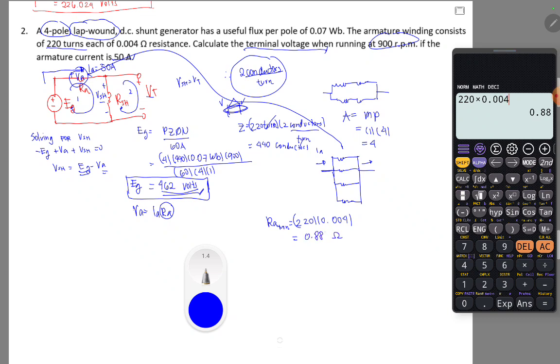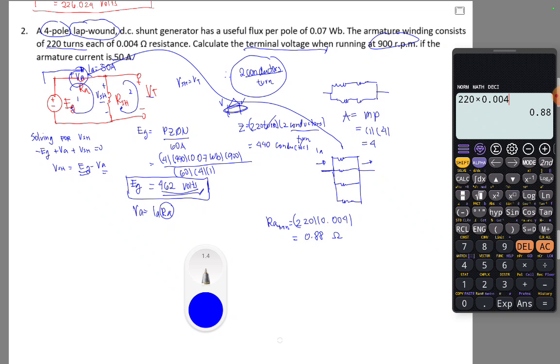Now this is the total resistance of the coil used in the 220 turns in the DC shunt generator. Okay, this is the total resistance of the coil that is not yet connected in parallel.